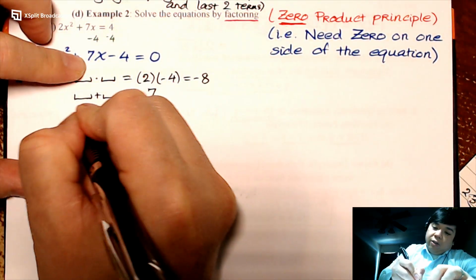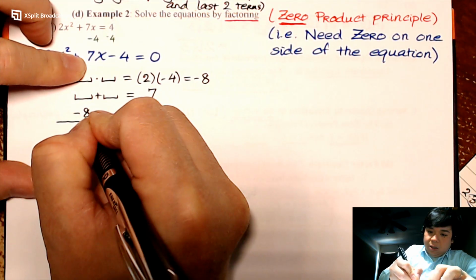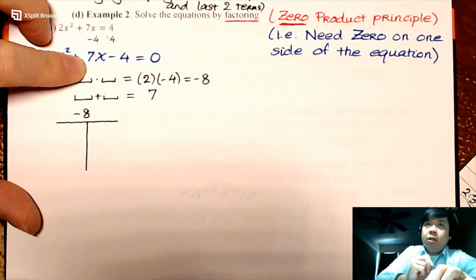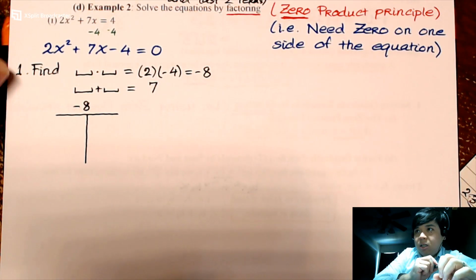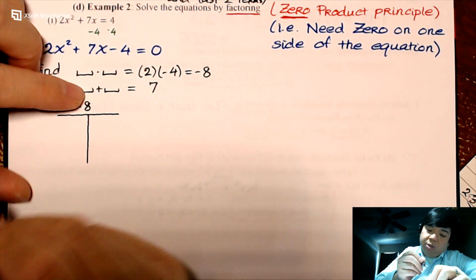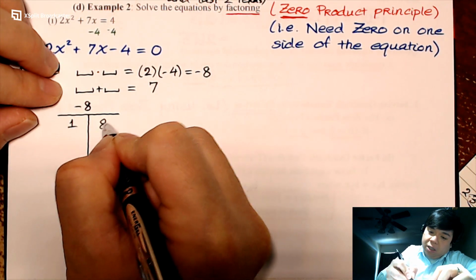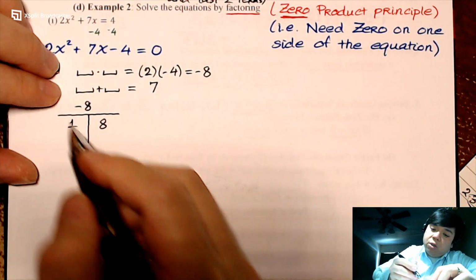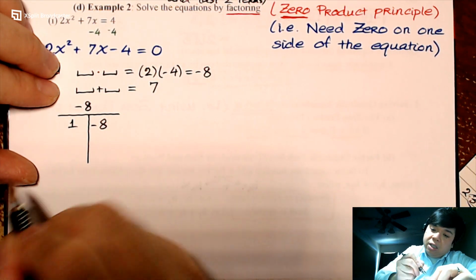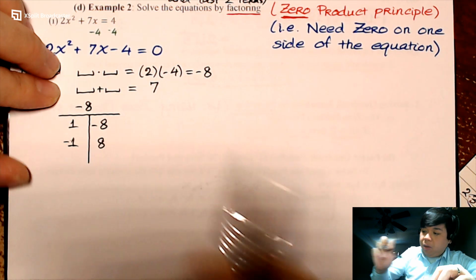We need to get to negative, so take negative 8. What is equal to negative 8? 1 times 8, 2 times 4. Okay, so 1 times 8, but this needs to be negative. So let's say 1 times negative 8 or negative 1 times 8.